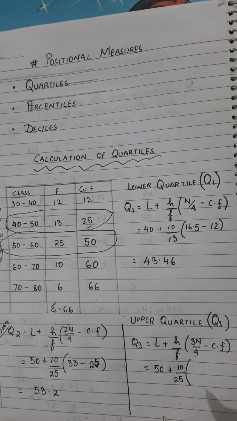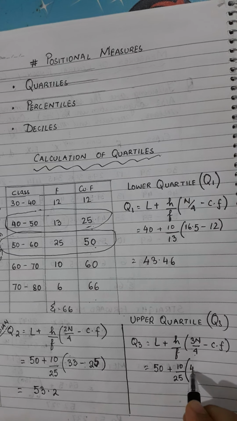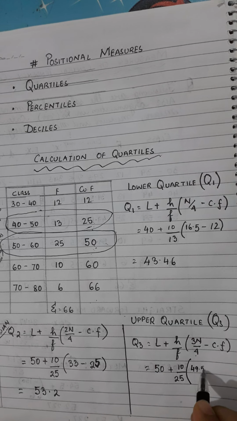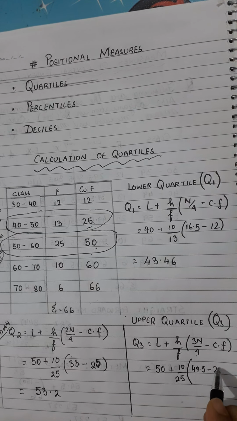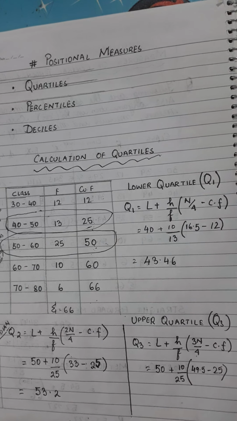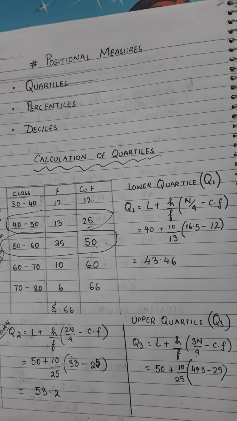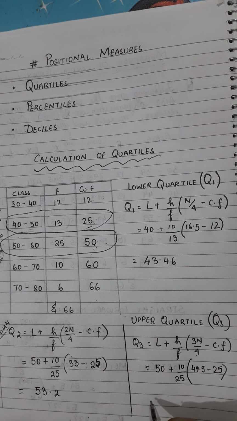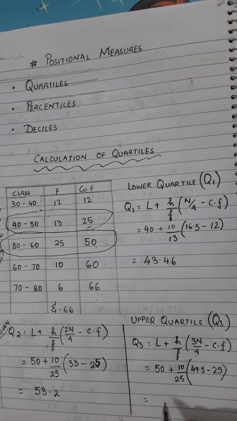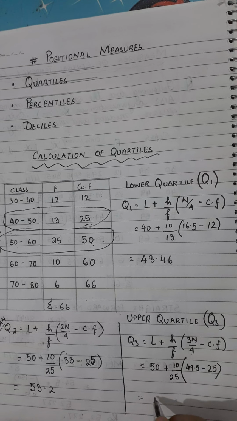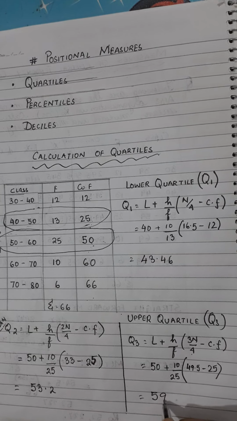And for 3n by 4, n is equal to 66, so we have the value to be 49.5 minus 25. Right? So we have to go in for the calculation. On calculation, we find that it's equal to 50 plus 9.8. So it is 59.8.